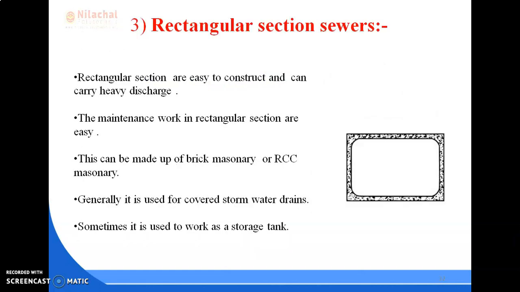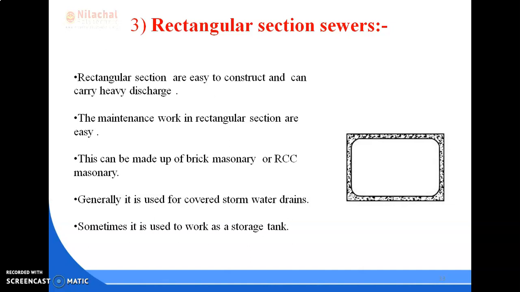And number 3, rectangular section sewers. Rectangular section sewers are easy to construct and can carry heavy discharge, or dispose of a large quantity of sewage. The maintenance work in rectangular sections is easy.